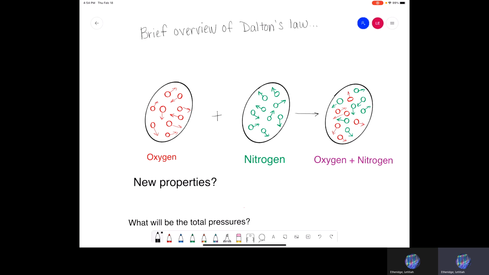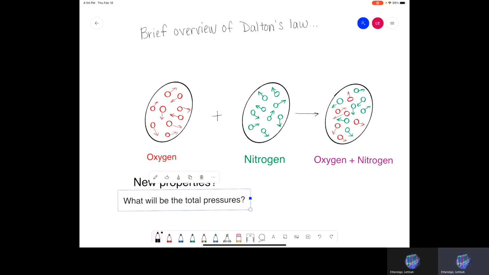Because now I've combined oxygen and nitrogen together and added gas molecules to a system, which means they are going to be bouncing against each other more often, and bouncing against the sides of the container more often. So what does that do to the pressure of the system?